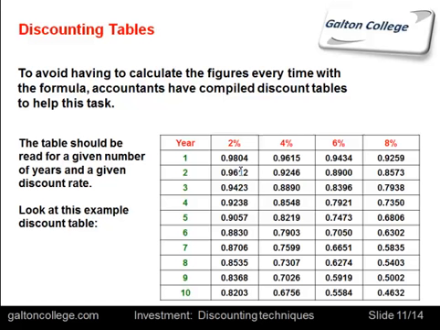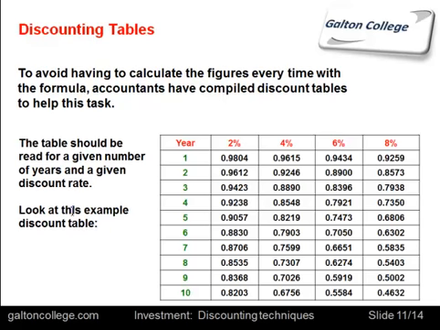You can get them online nowadays, so they're fairly easy to come by. If we take 2 years at 2%, the multiplying factor is 0.9612. If it was 8%, it would be 0.8573. The table should be read for a given number of years and a given discount rate.